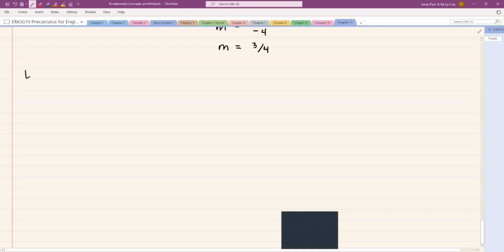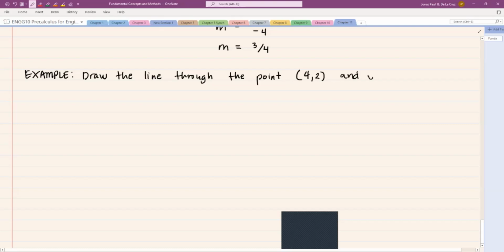Okay, example, draw the line through the point 4, 2 with a slope of 2/3. Yan. So draw the line through the point 4, 2 and with a slope of 2/3.